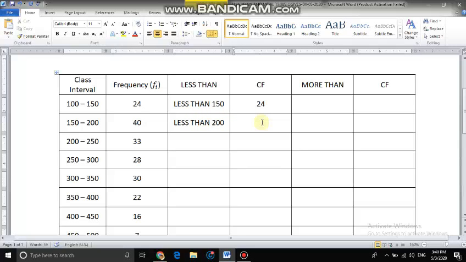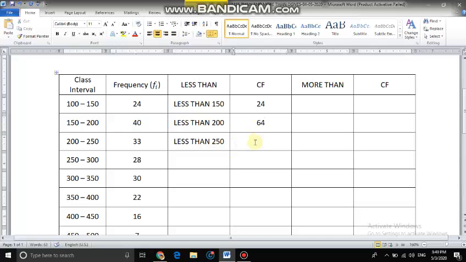If I spend 145, 165, or 199, that is also less than 200. So for less than 200, I have to add both the numbers from 100 to 200, which will be 64.